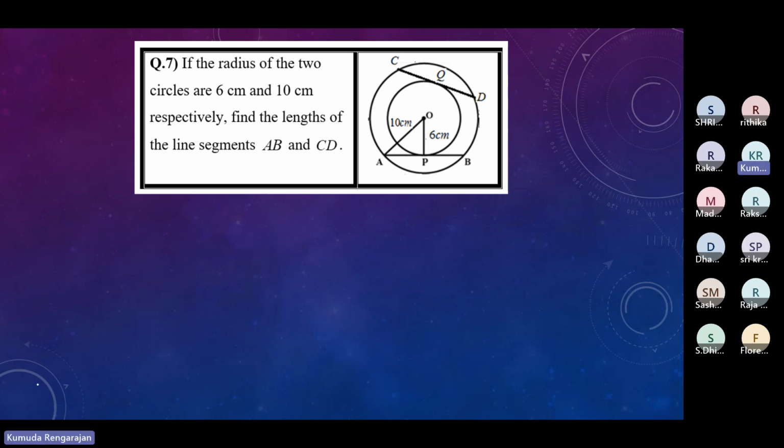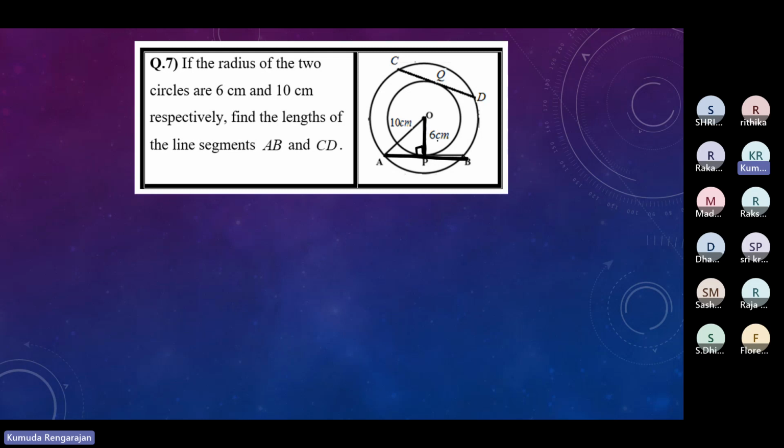So in this figure, OP is the perpendicular distance of the chord AB from the center. It is 6 centimeters.